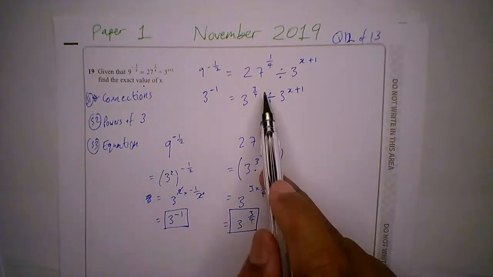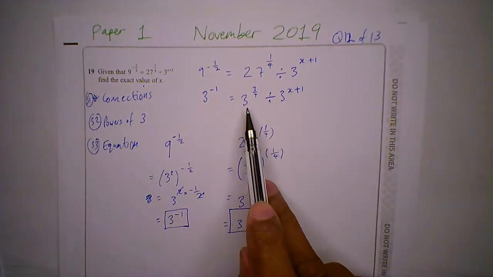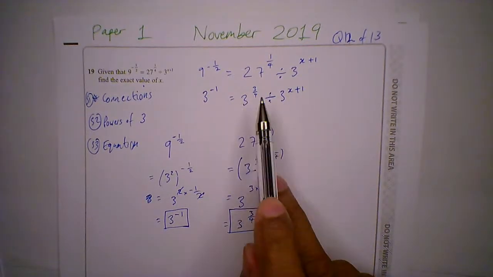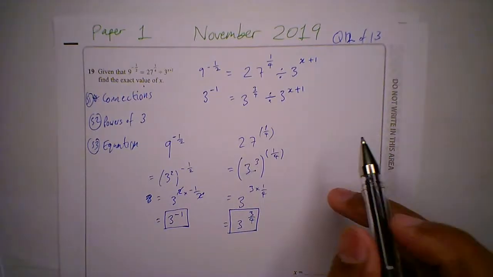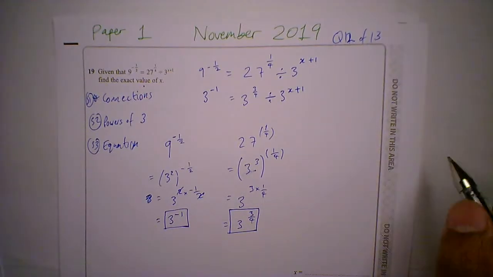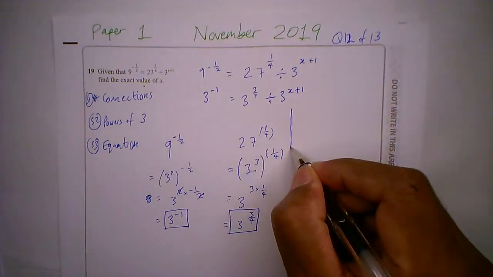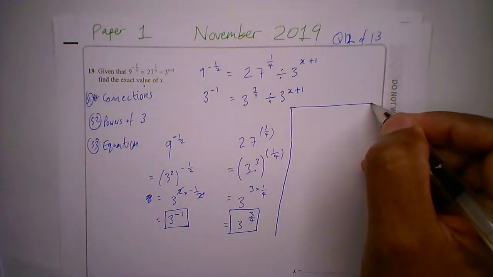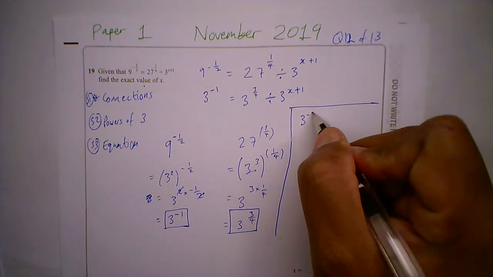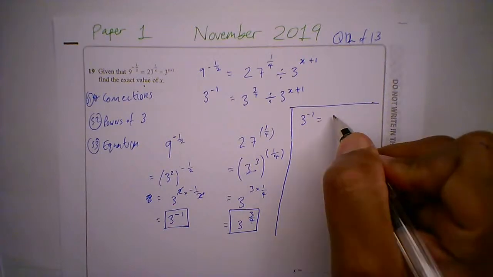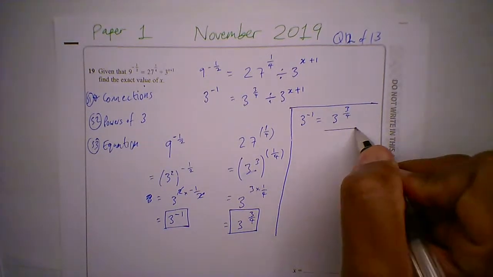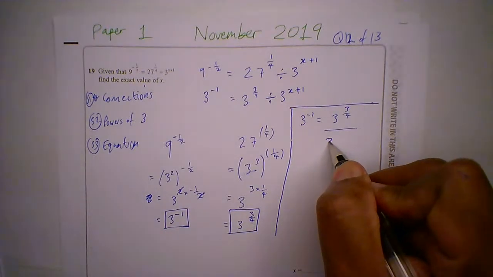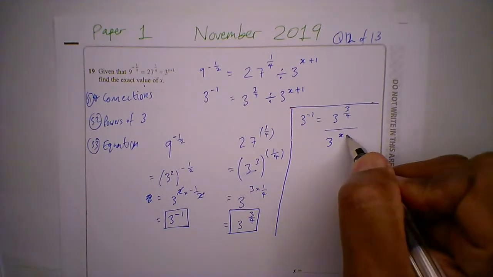Just to make it more eye-friendly, I'm going to put this as a fraction. My spacing hasn't been perfect on this occasion. I'm just going to rewrite this as 3 to the power minus a half equals 3 to the power 3 over 4, all over 3 to the power x plus 1.